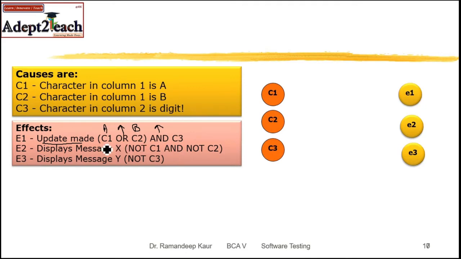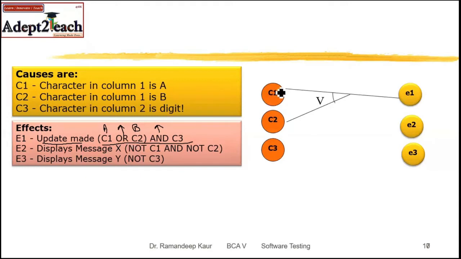I have already simplified the case by writing conditions here. Based on these conditions, I have to mark it. So let's study the first condition. When will we get effect 1? E1 says this update will be made when either C1 or C2, one condition, should be true.